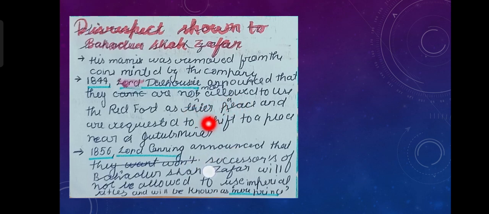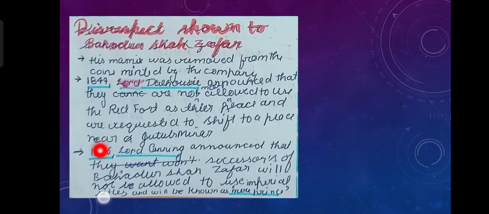At that time, Bahadur Shah Zafar, his family and the royal people used the Red Fort as their palace. But the company made a rule that they cannot use the Red Fort as their palace, and they were requested to shift to a place near Qutub Minar.